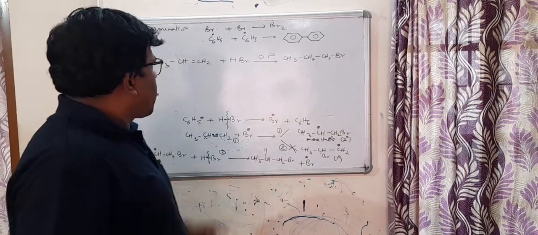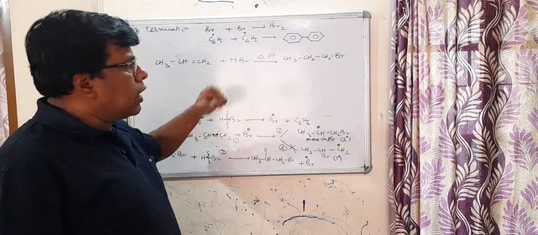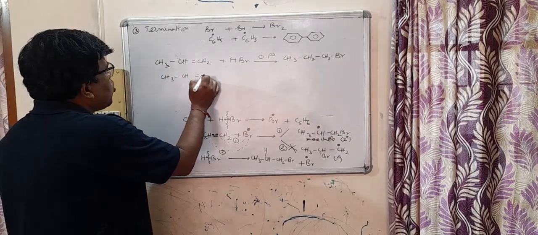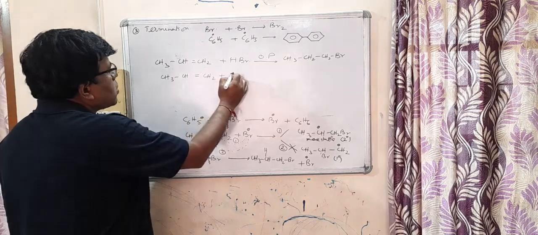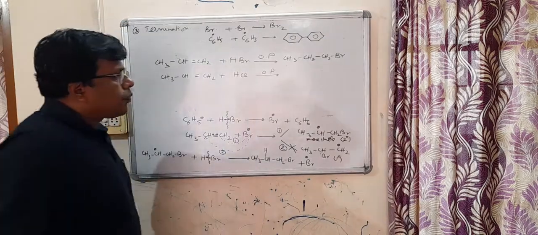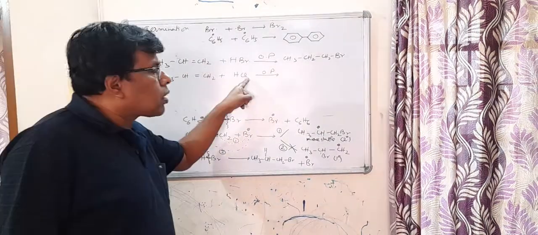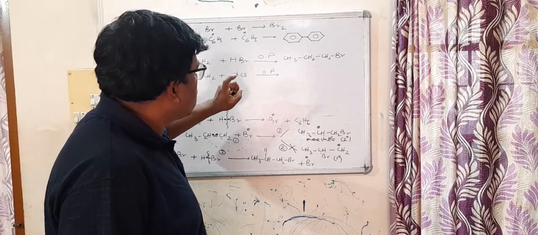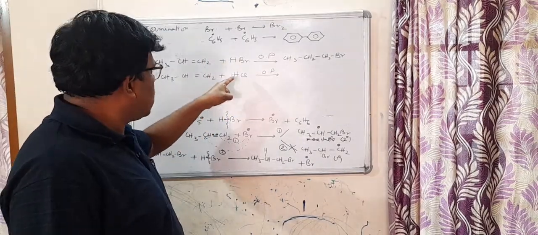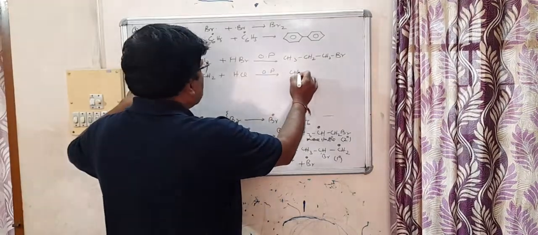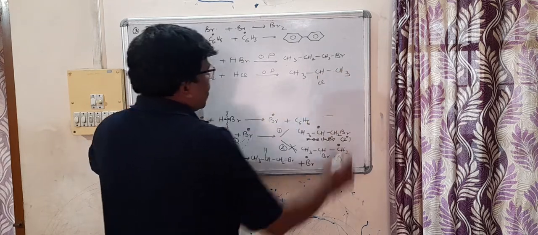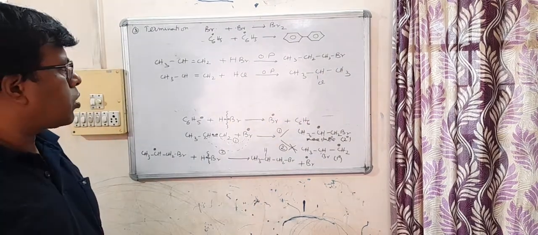But if it is another halogen acid, say CH3CH double bond CH2 plus HCl in presence of organic peroxide, here anti-Markovnikov addition does not take place. It happens in the Markovnikov way only. So here we will get the normal product, the Markovnikov product.